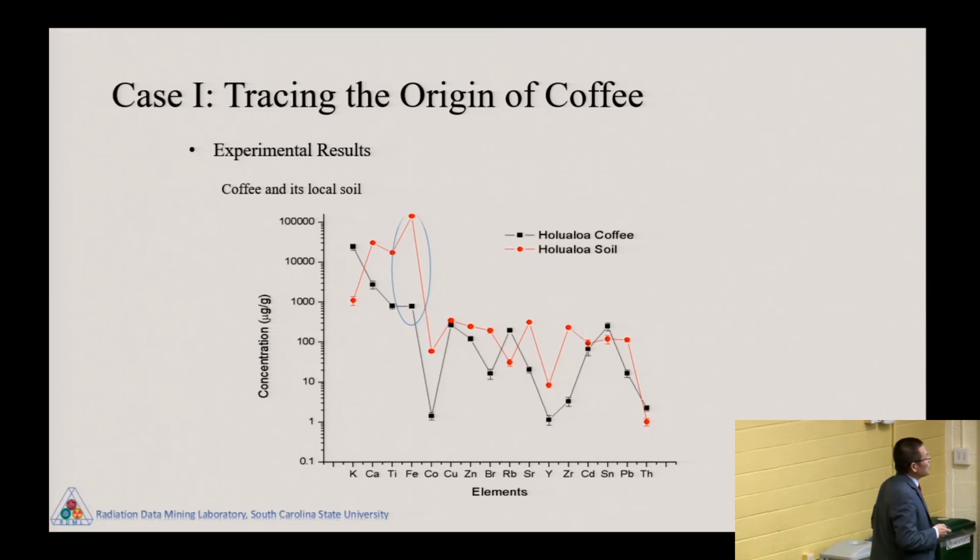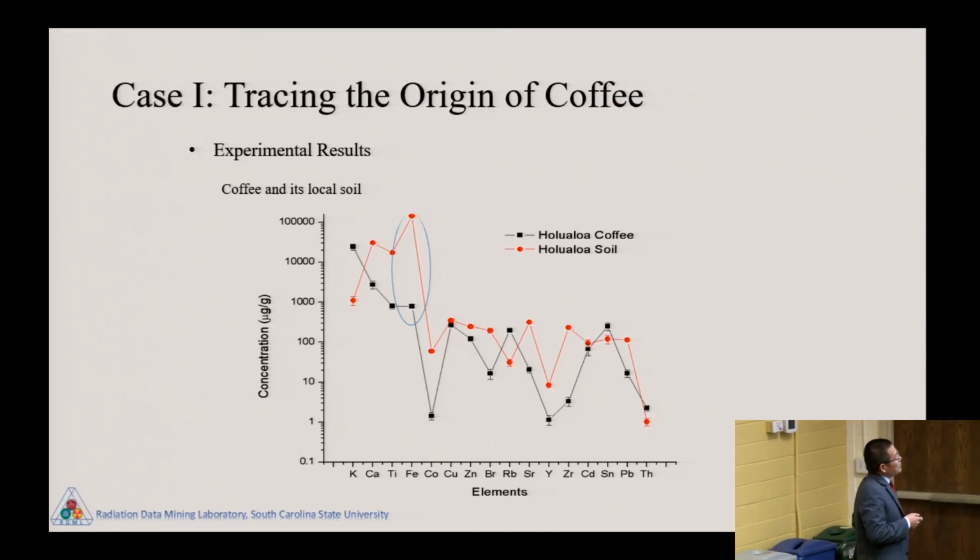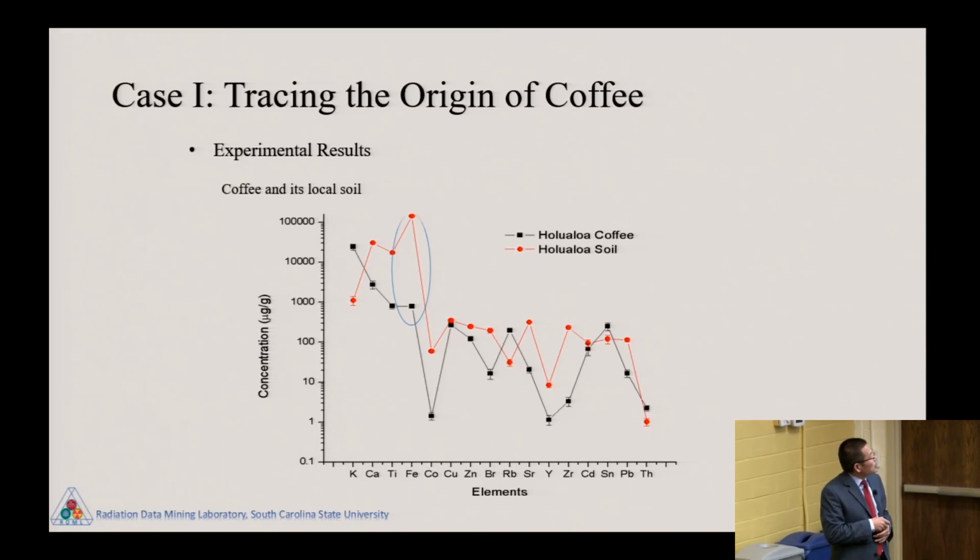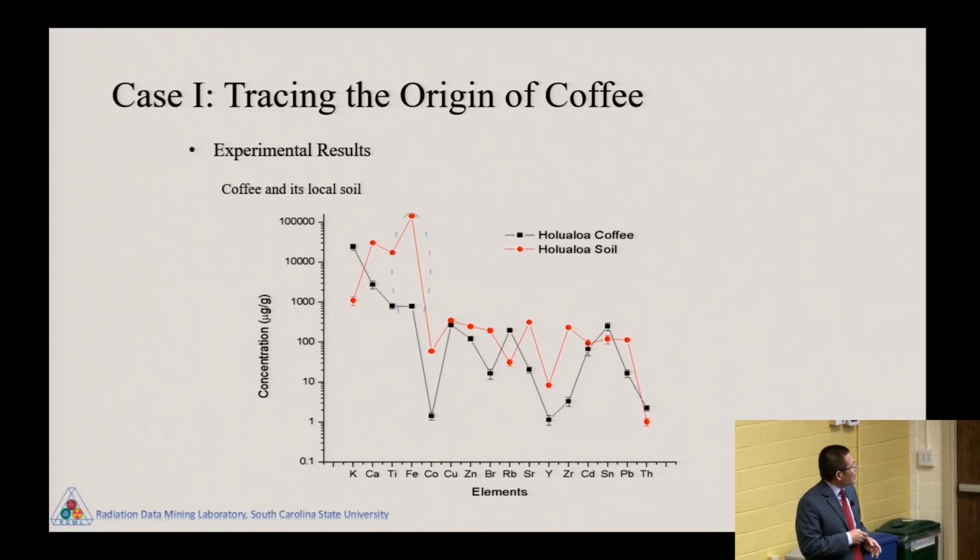For example, this iron. In the soil, there's a lot of iron, but in the coffee, there's not too much iron. Also this potassium, which is very important for the metabolism of any life form. The potassium is high in the coffee, but not too much in the soil. It's actually extracted.